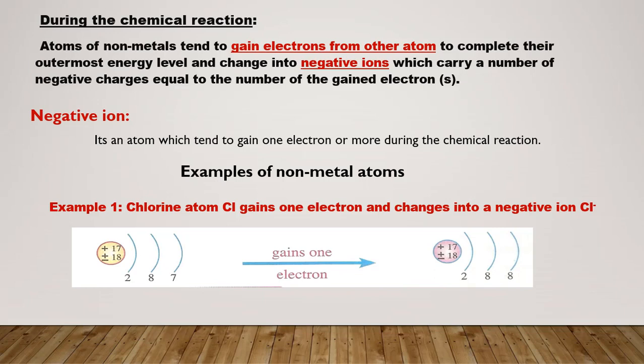Examples of nonmetal atoms: I have here chlorine, contains 17 electrons, 2-8-7, the outermost energy level contains 7 electrons. It needs only 1 electron to make the outermost energy level complete, so it gains 1 electron to be 2-8-8. The outermost energy level now is completely filled and it changes into a negative ion Cl negative 1.